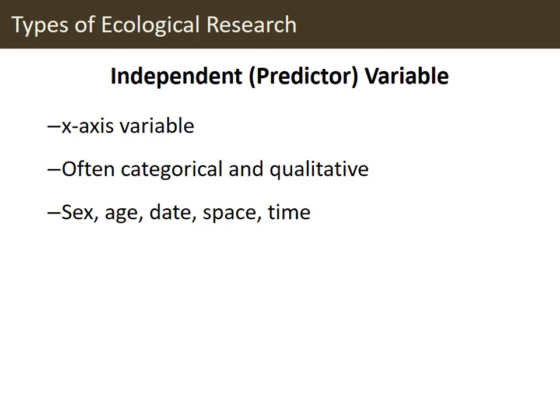Okay, so imagine that I'm going to make a graph of, what's a good ecological example? We're just going to use a human example because it's the easiest one I can think of. Let's pick child height over age.